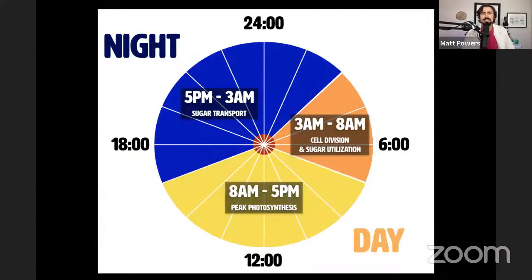So photosynthesis has timing to it. They're working all day, gathering all that sunlight in. They can't help but photosynthesize. So they're going to take the sugars from that and transport them in the evening into the night. And then in the early morning, they begin to process it.